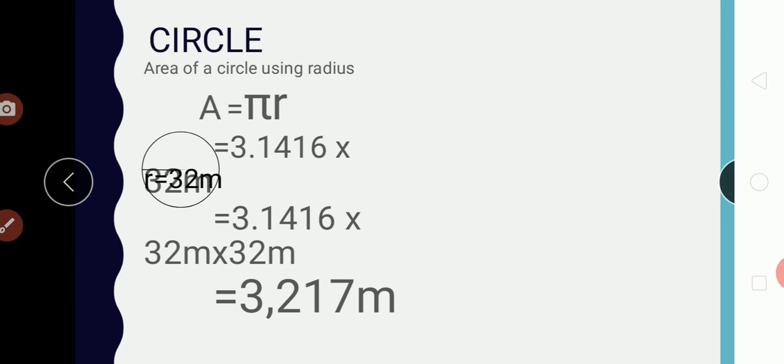It remains 3.1416. Okay? So 3.1416 times the radius, which is 32 meters squared. So 32 meters times 32 meters, and it will give us 3,217 meters squared.